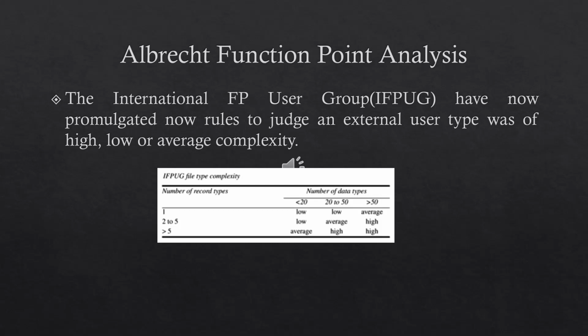If the number of record types is 1 and the number of data types ranges between 20 and 50, it can be considered as low complexity. If the number of record types is 1 and the number of data types is greater than 50, then it will be average complexity. Such a table is shown for the case of logical internal files and external interface files.